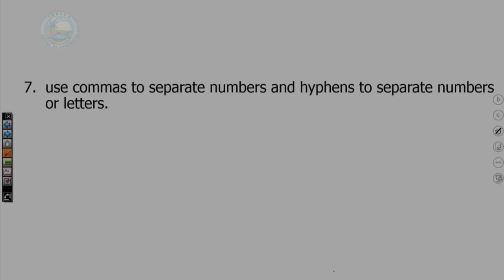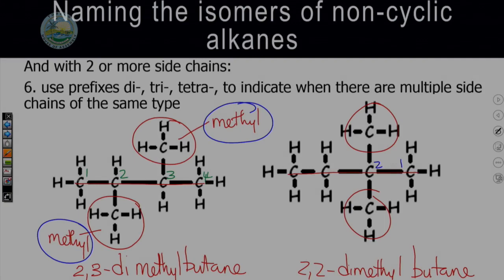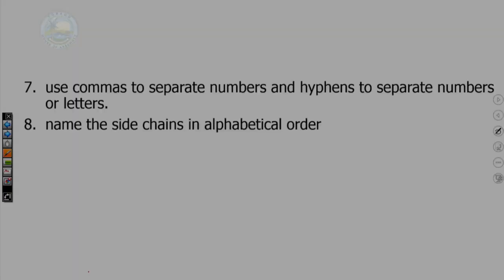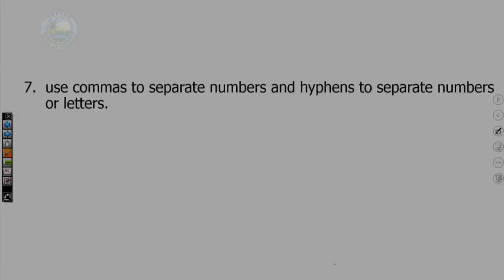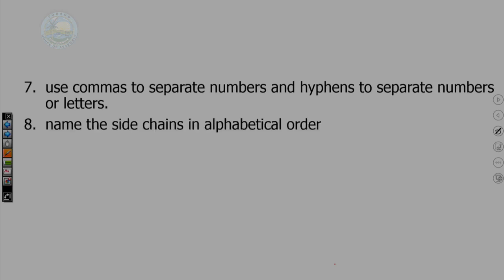We use commas to separate each number and hyphens, just as I did in the example before. So you would have seen me using the commas in each case to separate the numbers from the numbers, and a hyphen to separate the numbers from the letters.